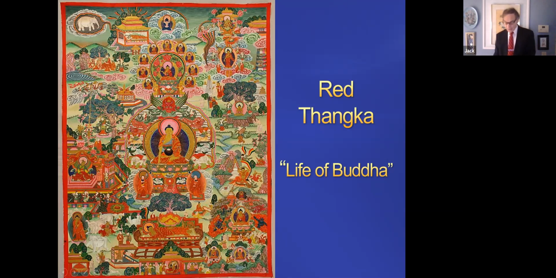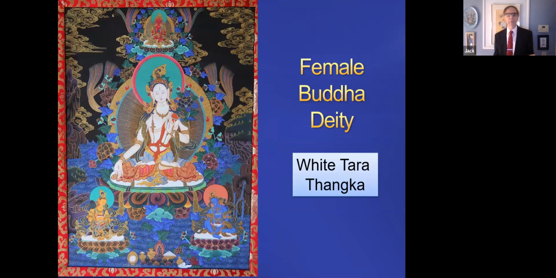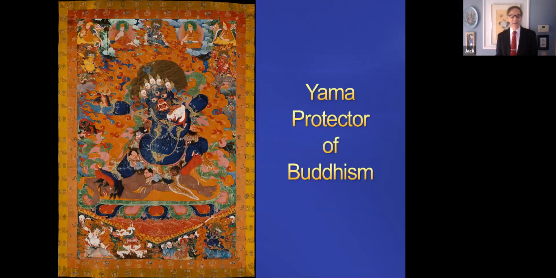And they can cover a lot of characters, not just the Buddha. For example, many people are unaware that in many areas of Buddhism, there's female Buddha deities. They're usually referred to as the white Tara. And these female Buddha deities are especially revered for compassion. Or you could have ones that are just the polar opposite, much more fierce deities that are used for protection, like Yama, the protector of Buddhism.